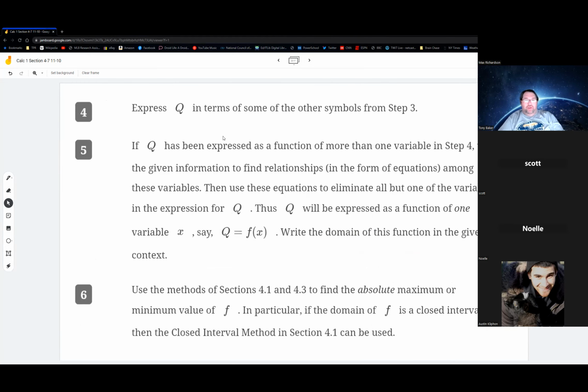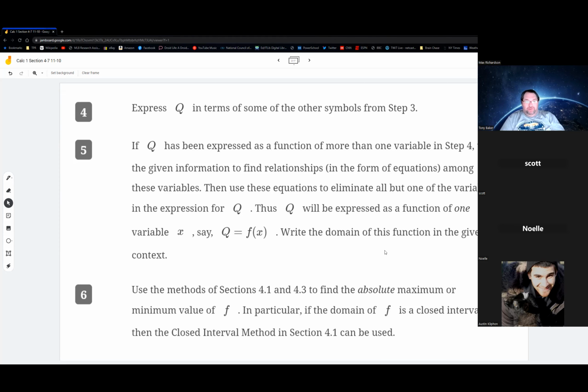Then we want to express that information in some way that we can actually start solving it. Once you have that in there, we can start doing some of the applications of it. When we were looking at domain restrictions, we talked about the main domain restrictions: if you divide by 0, take an even root of a number, logarithms have that domain restriction.